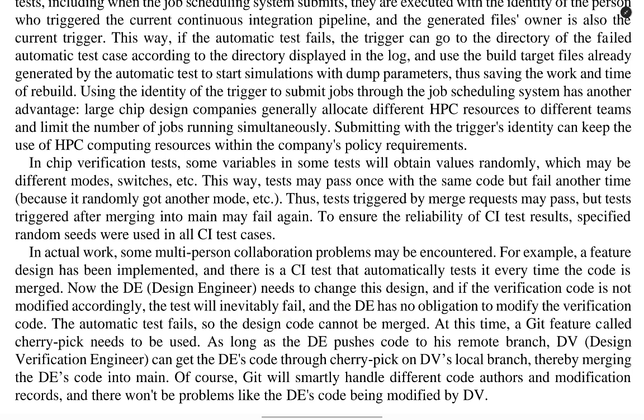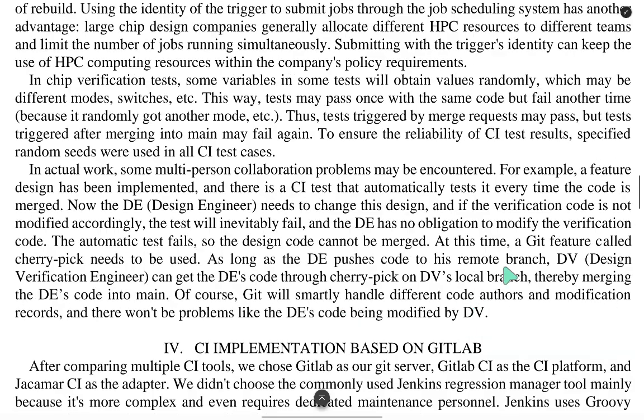At this time, a Git feature called cherry-pick needs to be used. As long as the DE pushes the code to his remote branch, the DV, design verification engineer, can get the DE's code through cherry-pick on the DV's local branch, thereby merging the DE's code into main.